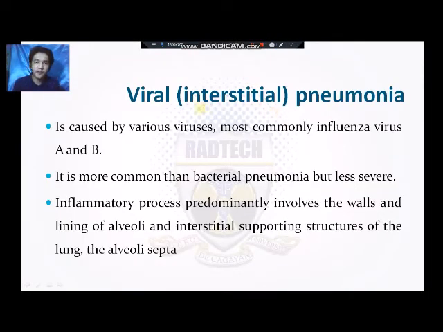Okay, so next we have viral or interstitial pneumonia. It is caused by various viruses, most commonly influenza virus A and B. It is more common than bacterial pneumonia, but it is less severe. And the inflammatory process predominantly involves the walls and linings of the alveoli and interstitial supporting structures of the lung, and then the alveolar septa.